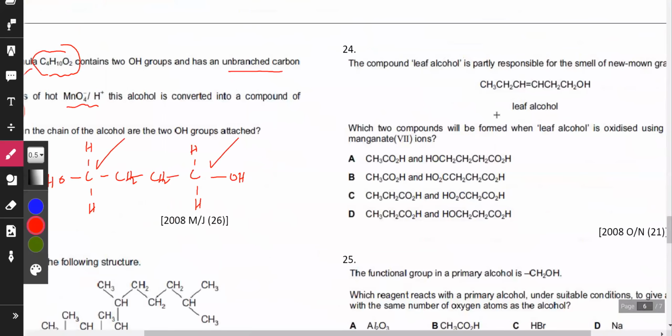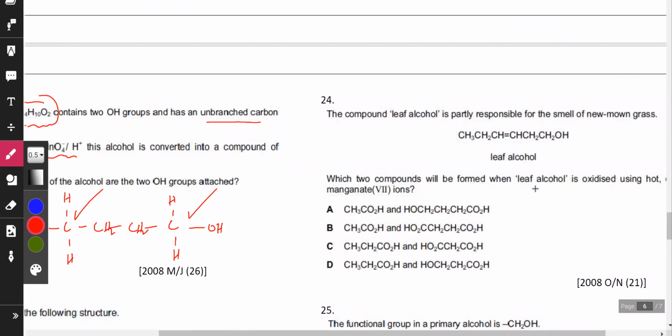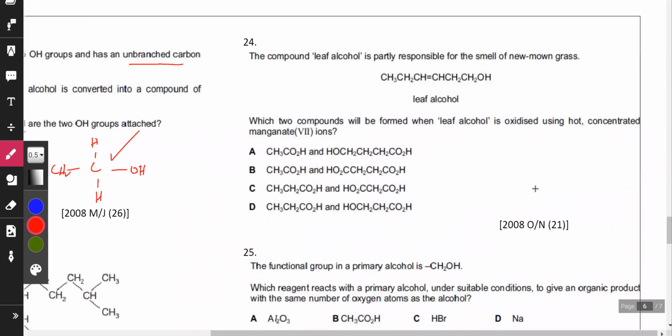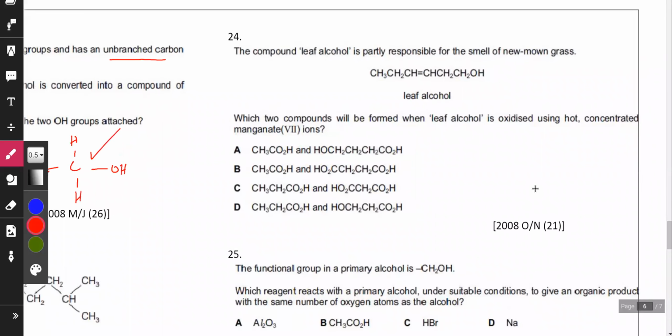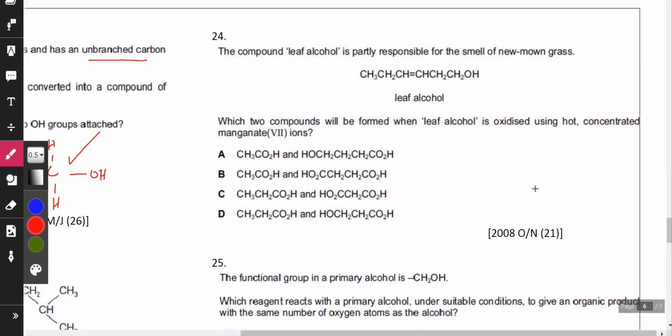So let's talk about this one. What is going to be the oxidation product of this molecule? I think he's talking about reacting it with permanganate ions. Now, if you look at this molecule, it's an alcohol and it's also an alkene.